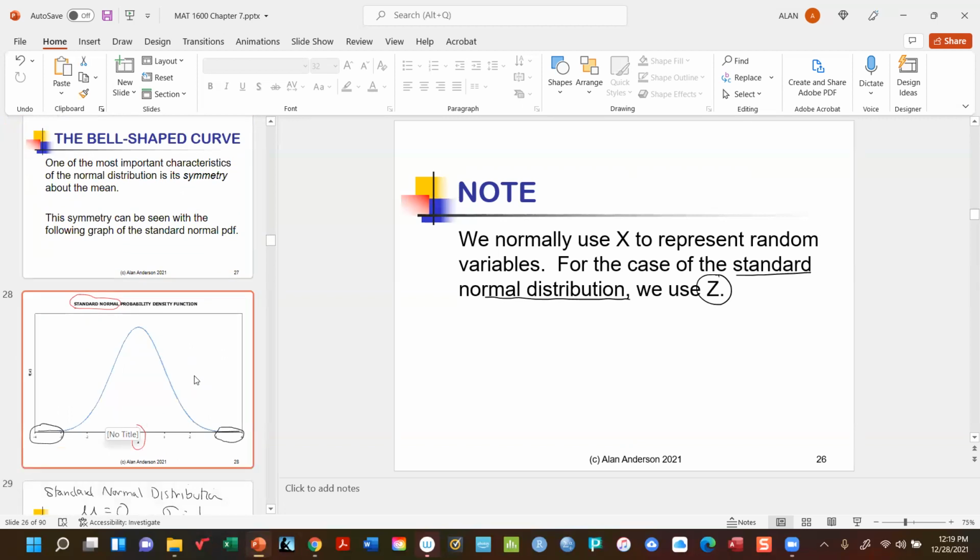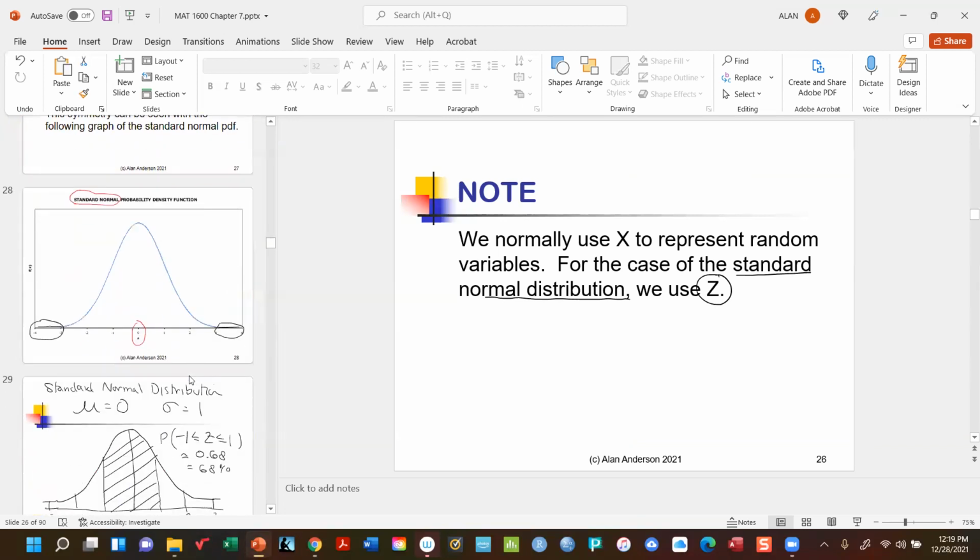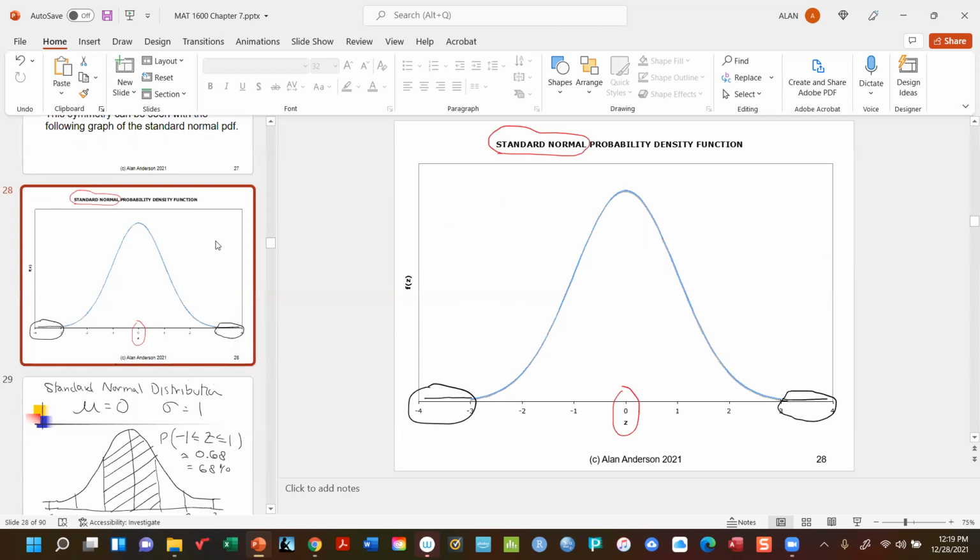Anyway, I have done some graphs in Excel. It's a little easier sometimes. So here's one of them. Excel sometimes does a good job with graphs. Sometimes it doesn't. But because it's the standard normal, we're going to use the letter Z, and the center or mean is 0, as you can see right there. It goes out into the tails. It goes out forever.